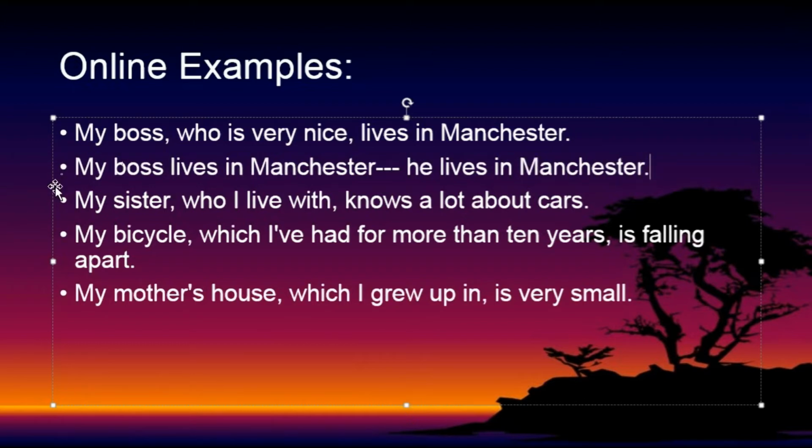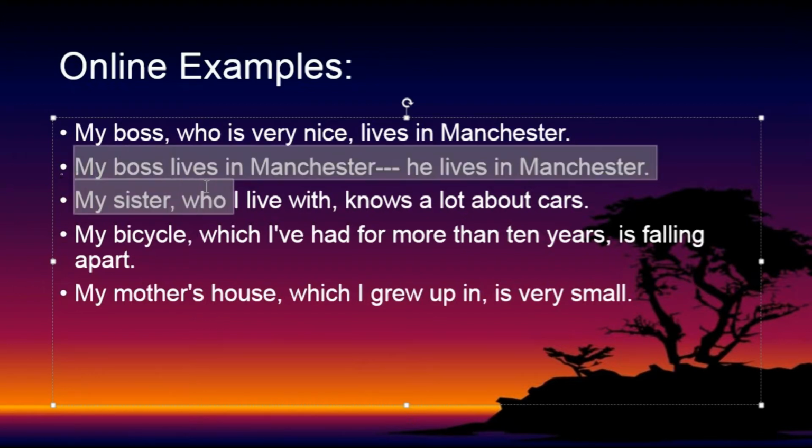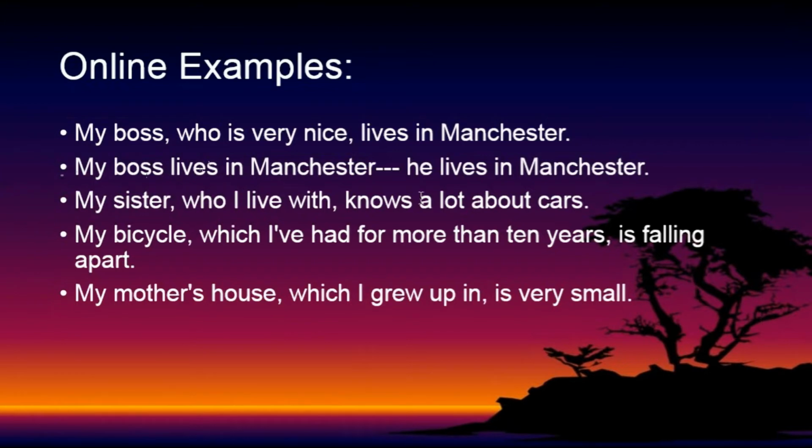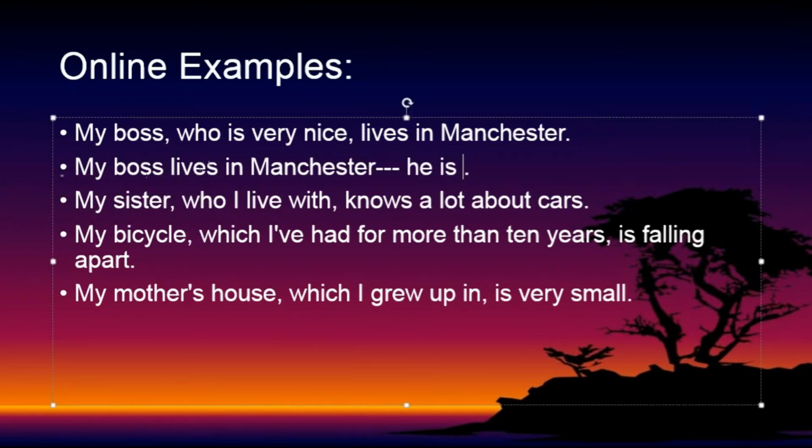My boss lives in Manchester. He is very nice, right? So I have two sentences: My boss lives in Manchester. He is very nice. So how did I end up with this?